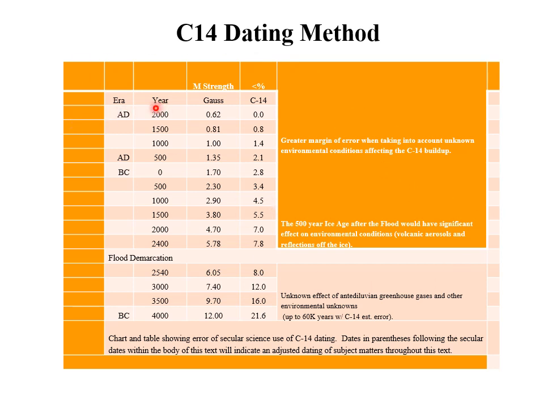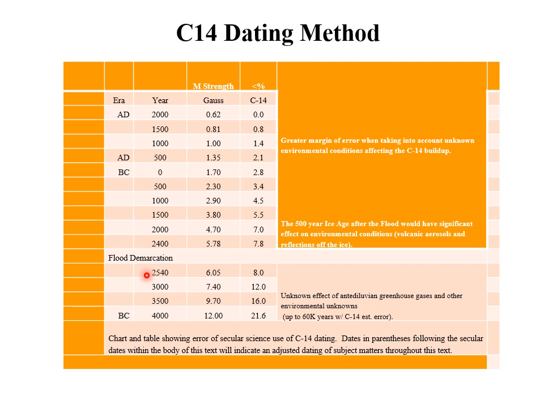So you've got the year 1980, gauge strength 0.62, 0% difference. When you get to 500 BC, the gauge strength is 2.3% stronger, and it should affect the carbon-14 by 3.4%. And then here's the flood demarcation.